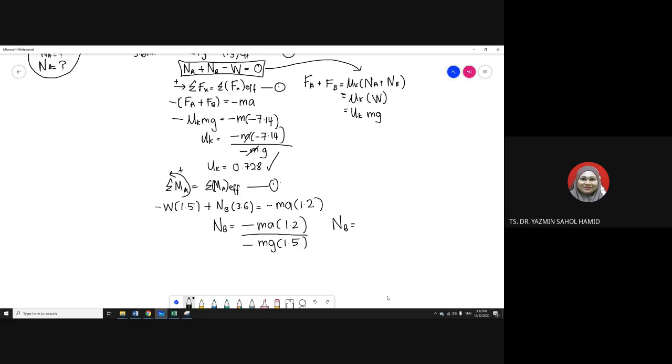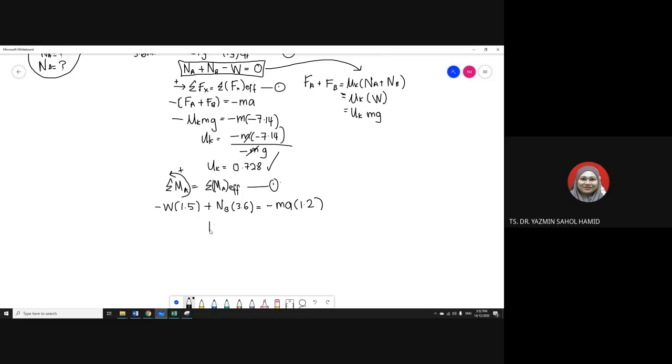Apa ni? Tertinggal apa? Sekejap, negatif MA 1.2. Oh, salah. Sorry. Sekejap. Okay. Tulis balik. Saya pun silap buat equation.